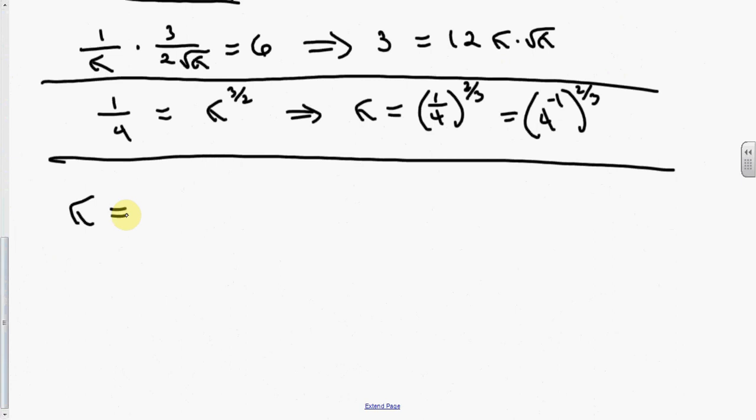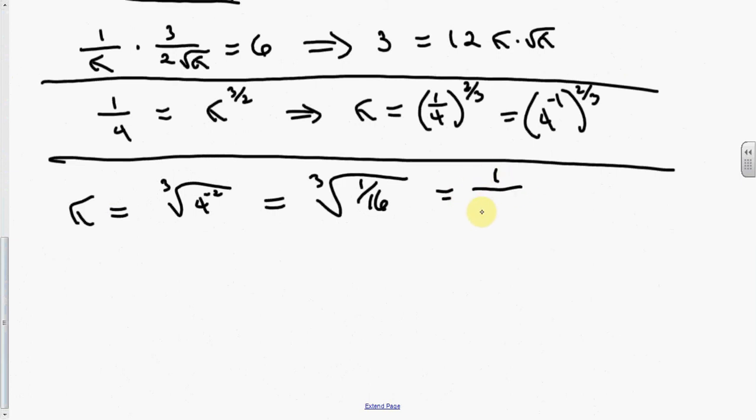So lambda is equal to the cube root of 4 to the negative 2nd power. This is the cube root of 1 over 16, or 1 over the cube root of 16.